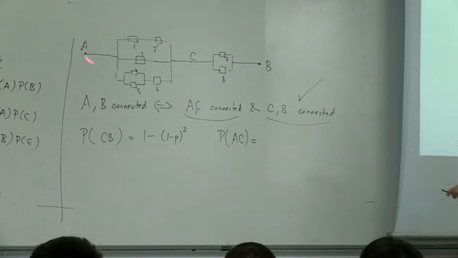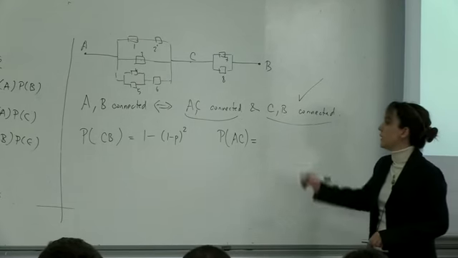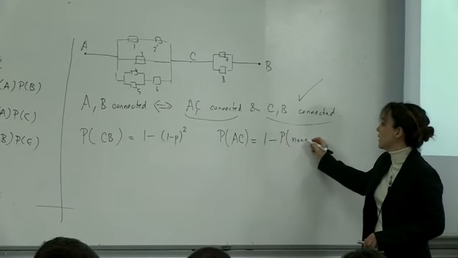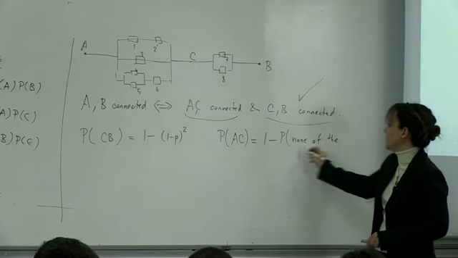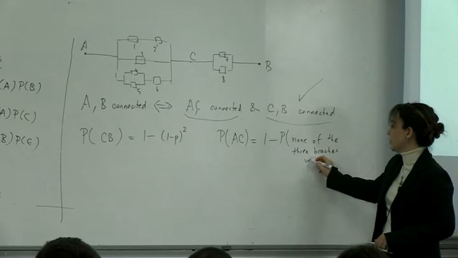Now, AC is connected if, and only if, at least one of these 3 branches works. Okay, so the probability that it is connected is 1 minus the probability that none of the 3 branches works. Do you agree?